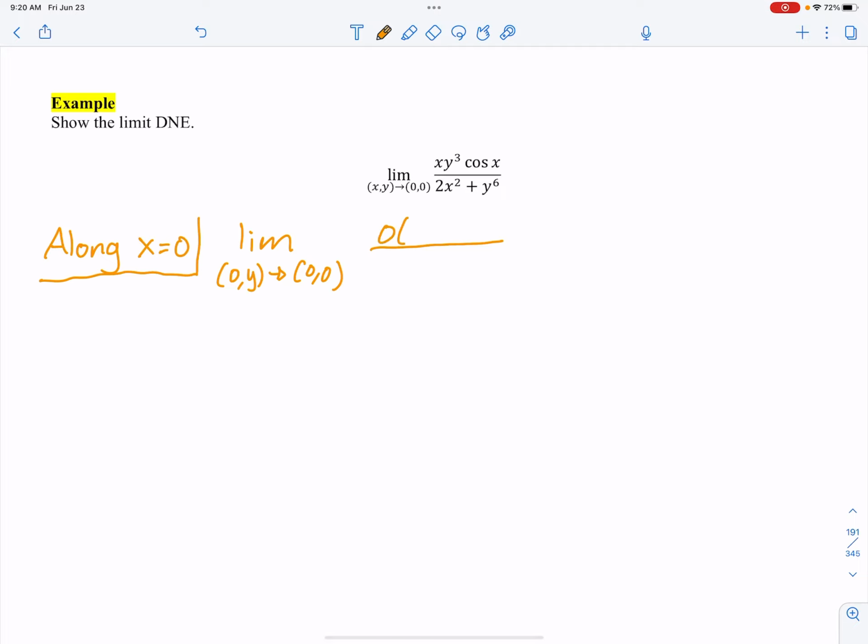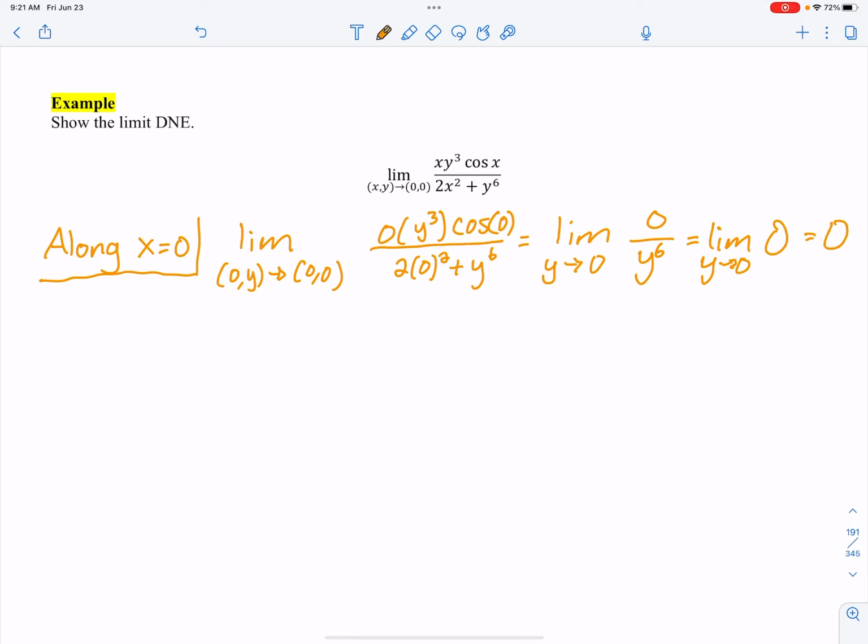So I got 0 times y cubed times cosine of 0, which doesn't matter because I'm going to multiply by 0. And then I got 2 times 0 squared plus y to the 6th. That's going to get me the limit as y approaches 0 of 0 over y to the 6th. You could have just put a big 0 there. The limit as y approaches 0 of 0, which is 0.